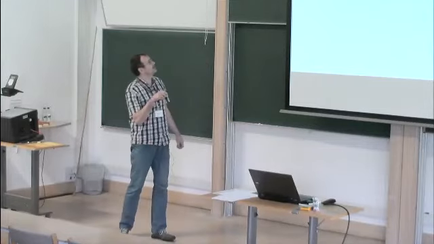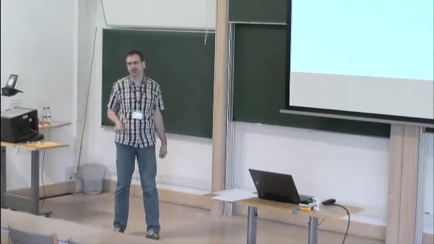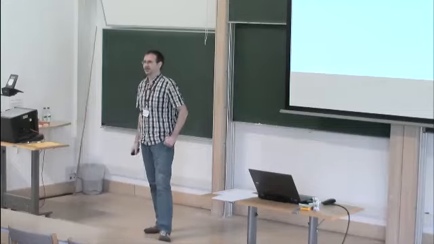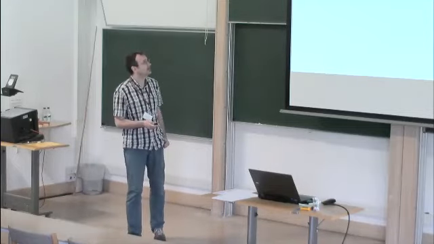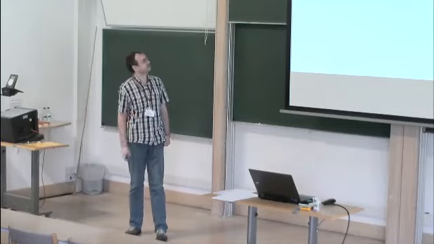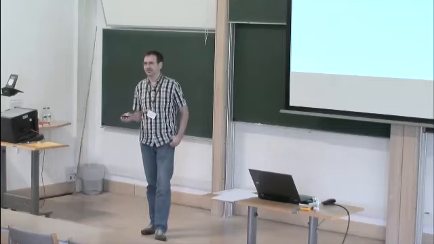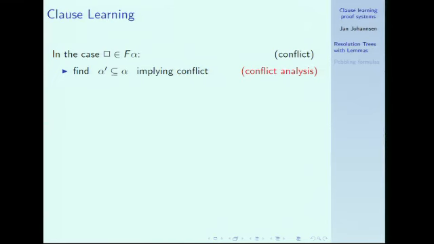When the algorithm runs into a conflict, that is, one of the clauses in the formula is empty under the current partial assignment, then this conflict is analyzed, which means that one computes in some way a sub-assignment of the current assignment, which already suffices to imply this conflict.